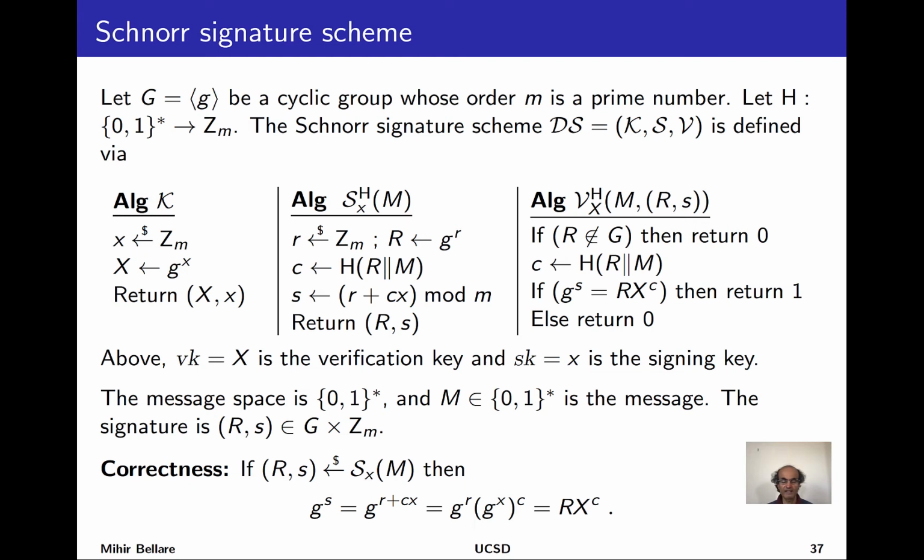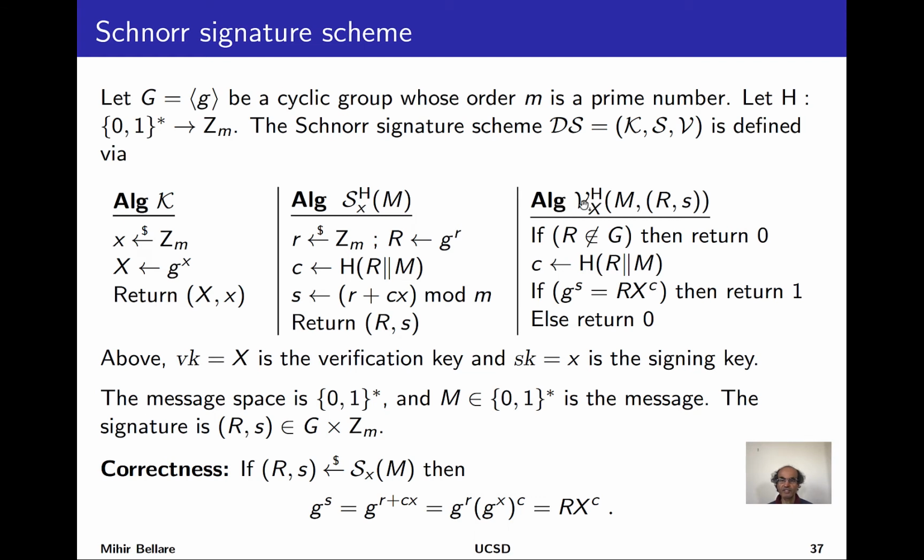Now, inside the signature, we put the commitment, and we now create the second part of the signature as given by this equation. It takes the signing key, multiplies by this challenge, adds in the r chosen here, and all that is done in the exponent space, so modulo the group order M.